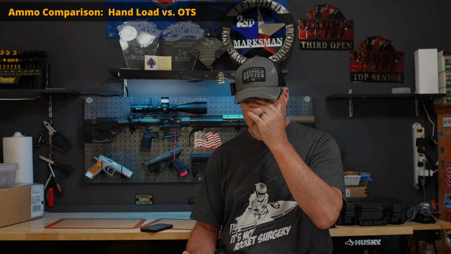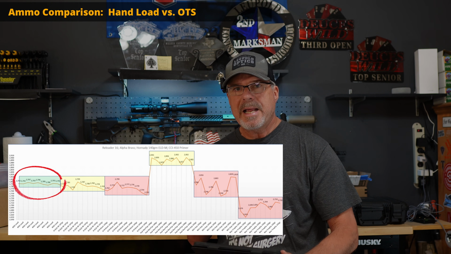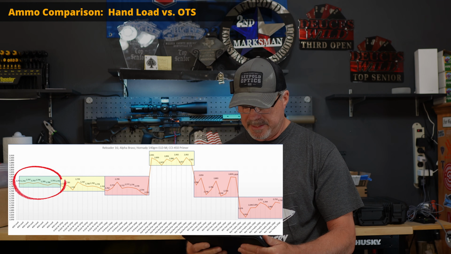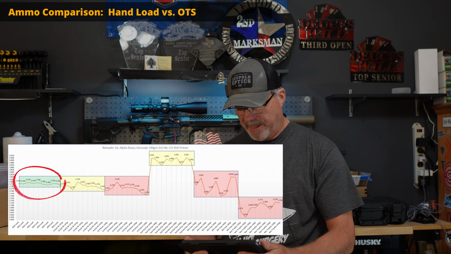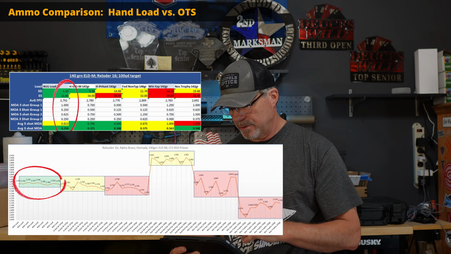Now, as part of looking at what these differences really mean in a match, in practice, hunting, whatever, I want to show you one more thing. And this was a video I did, gosh, I think it was 3 or 4 years ago. It was a comparison of my hand loading 6.5 Creedmoor rounds with 140 grain ELDMs against 5 other off-the-shelf ammunitions.